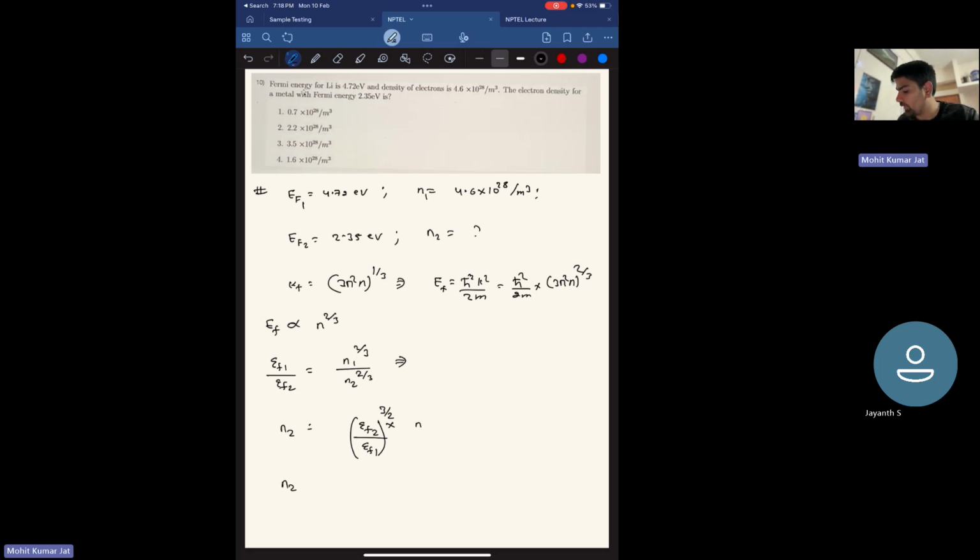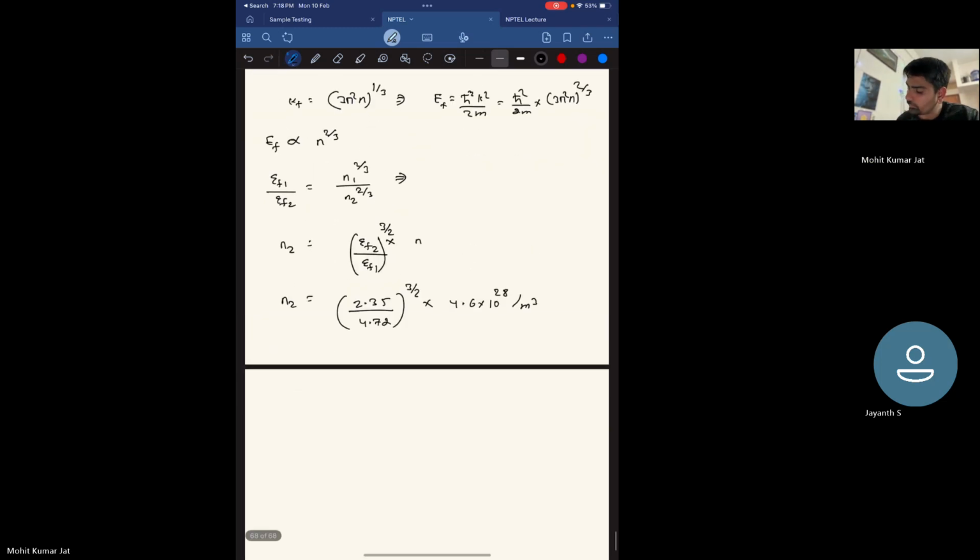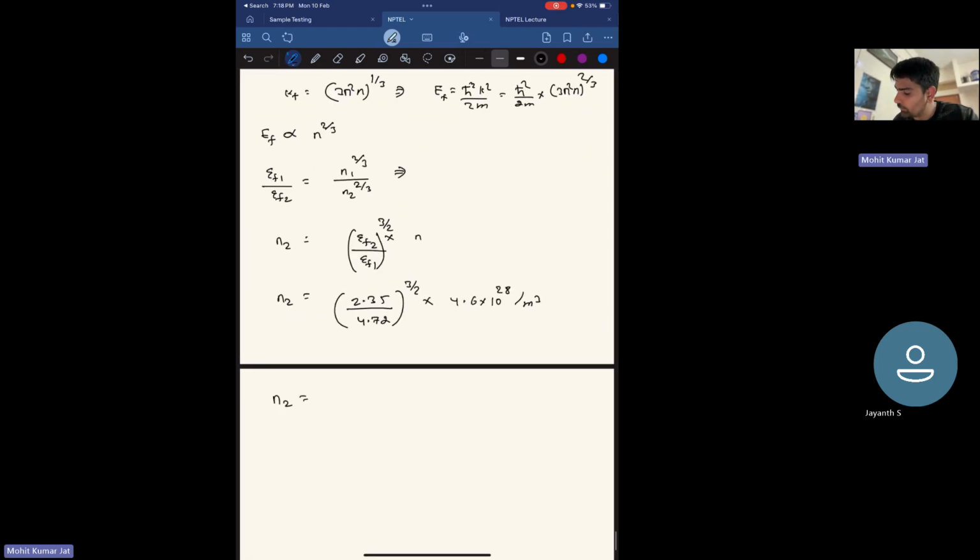That's what it will be. So N2 will be nothing but EF2, which is 2.35, given in the question, by EF1, which is 4.72, to the power 3 by 2 times n. N is given as 4.6 into 10 power 28 per meter cube. So N2 will be nothing but, just use a calculator, 2.35 divided by 4.72 raised to the power 1.5.